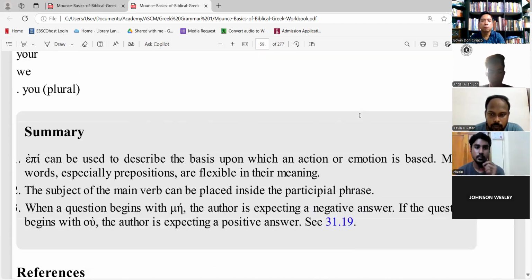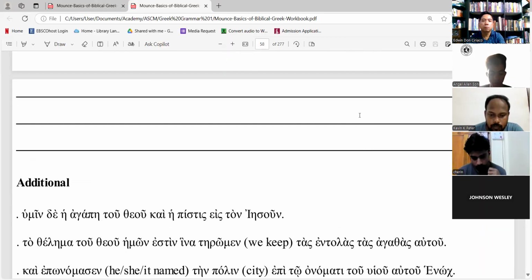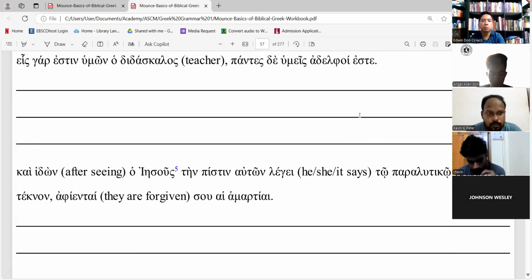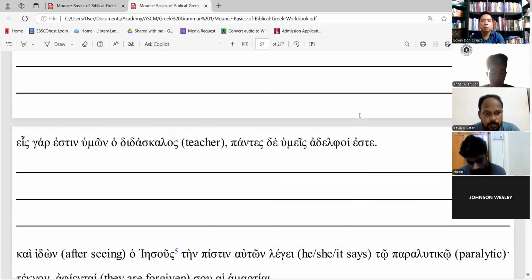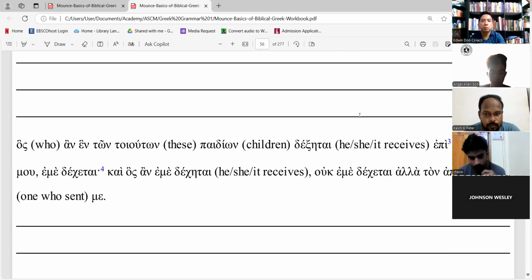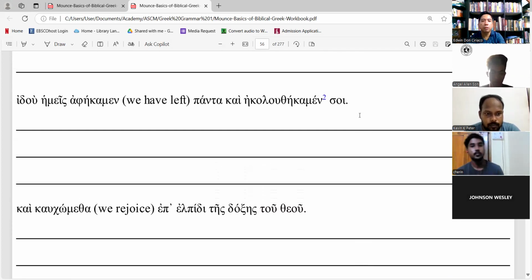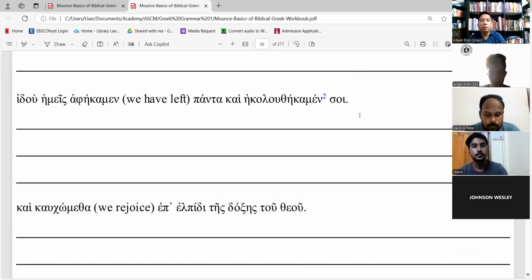Okay. We have left all and followed you. Okay. So another word for practically panta means all things, right? We have left all things because you say all, what is the object of all? So we have left all things. But we could also say we have left everything.